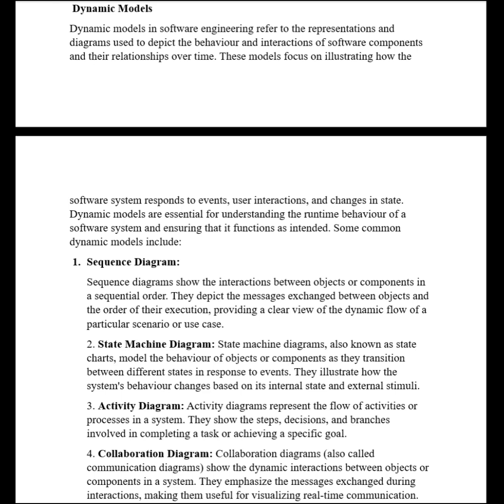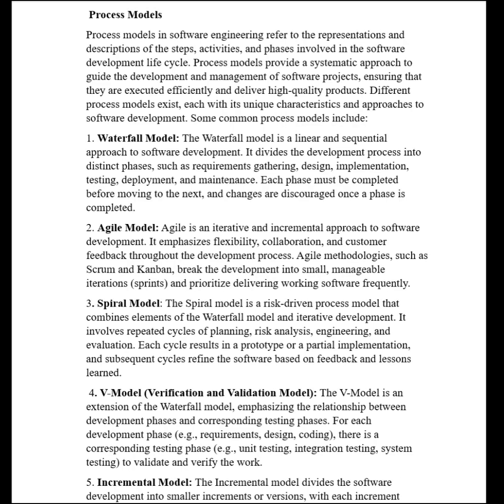V shape, focus on testing at every stage. Incremental model, develops the software in small parts or versions. RAD model, rapid application development, quick prototype plus feedback. DevOps model, integrates development and operations for fast delivery. Goal: to ensure the software is developed efficiently and systematically.